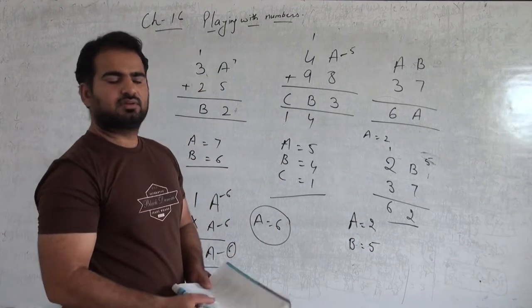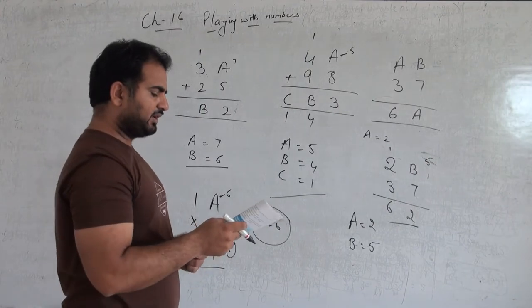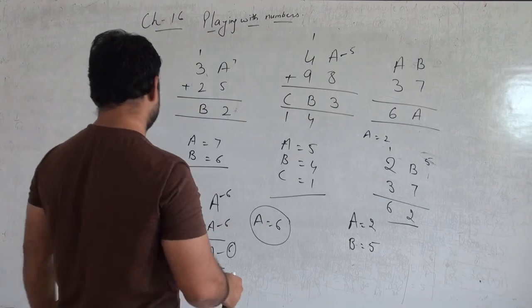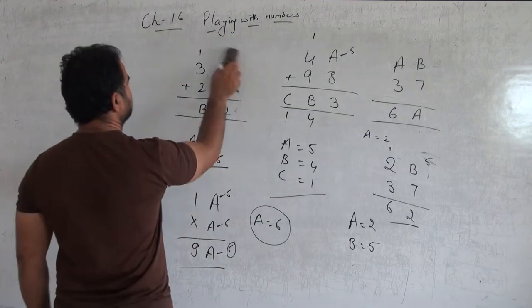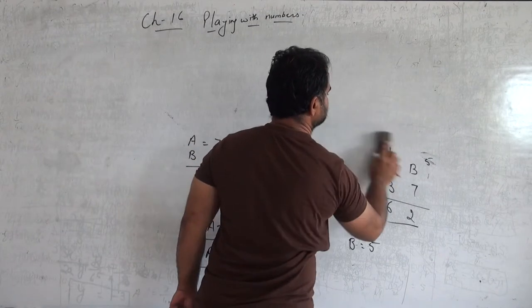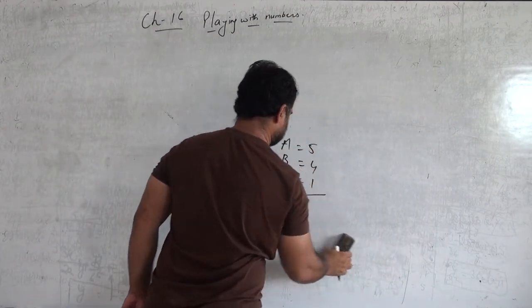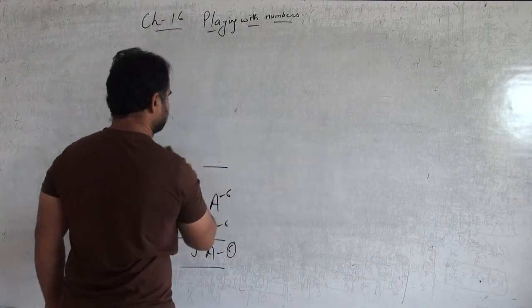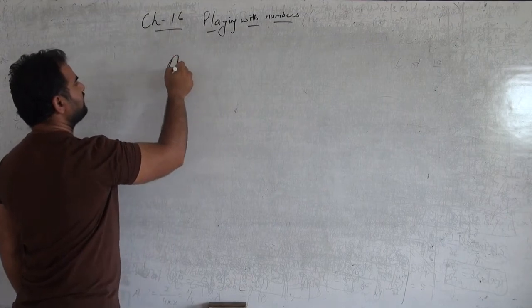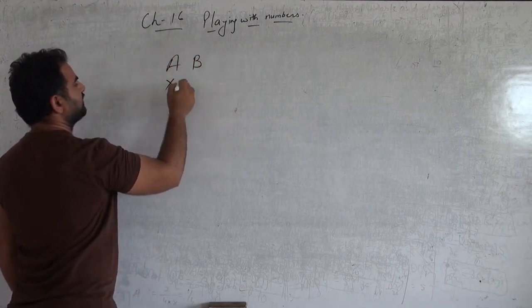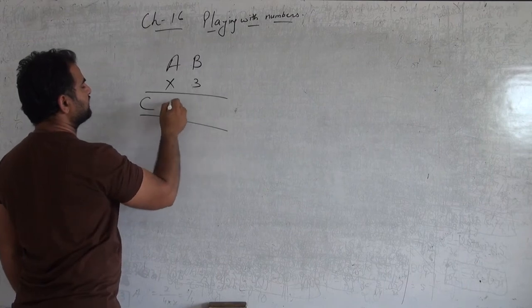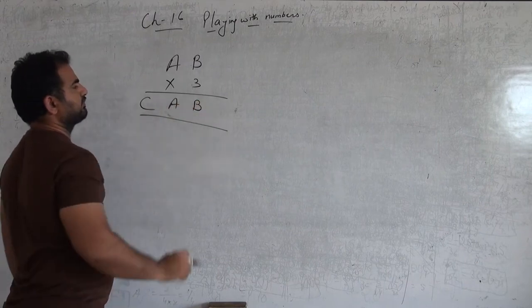Next is AB into 3 equals CAB. AB multiplied by 3 gives CAB.